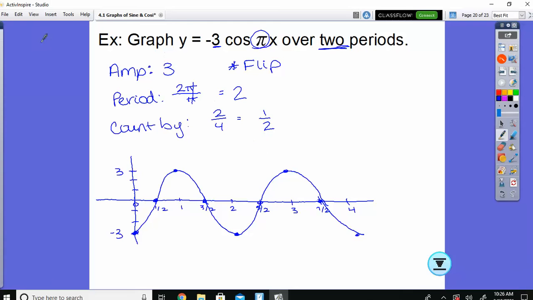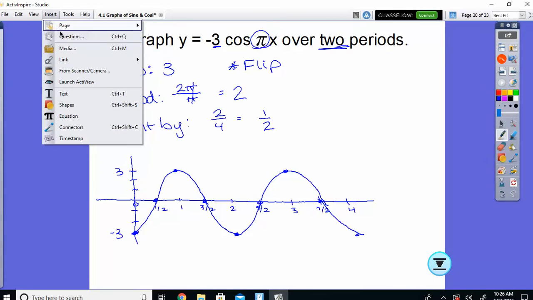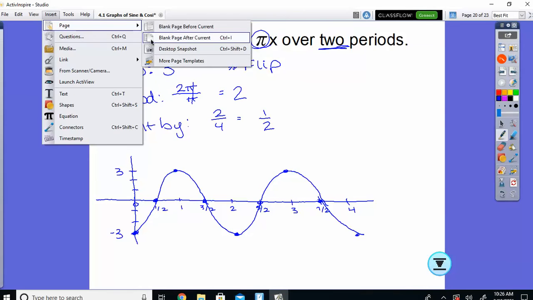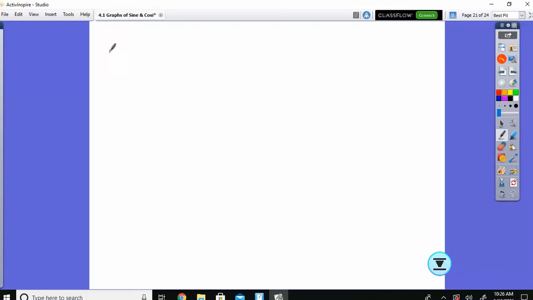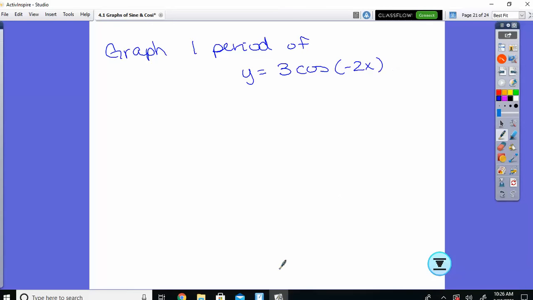I am going to do one more, I think. Let's just do one period of y equals 3 cosine of negative 2x.